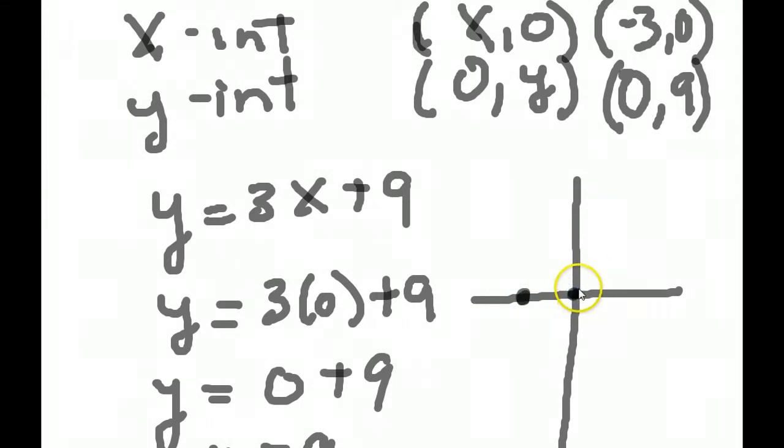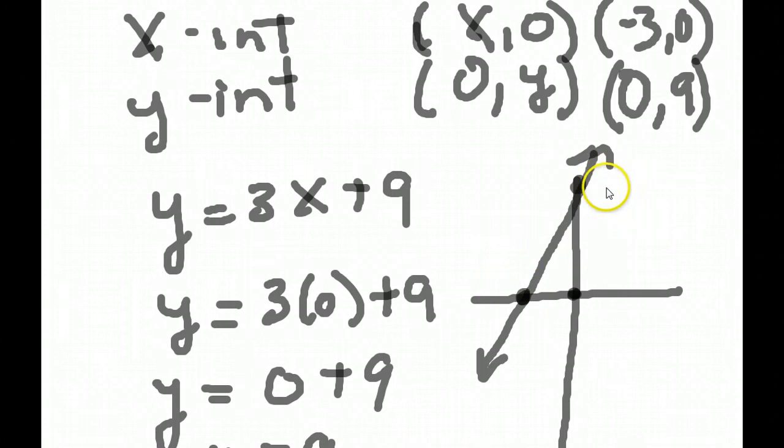So from the origin, we just go straight up to 9. And then we draw our line. So this line has the intercepts at negative 3, 0 and 0, 9, and it's a line with an arrow going up to the right or down to the left, mainly in quadrant 2, going into quadrant 1 and also into quadrant 3, but it is not in quadrant 4 at all.